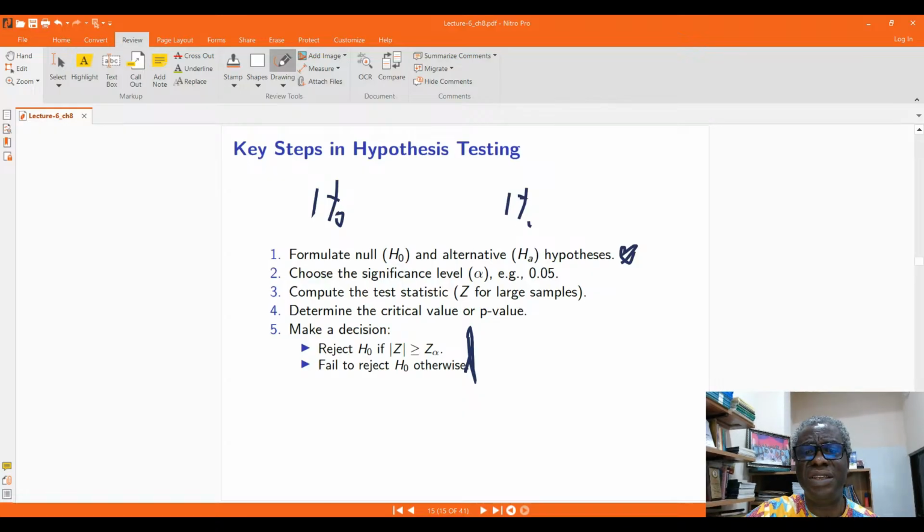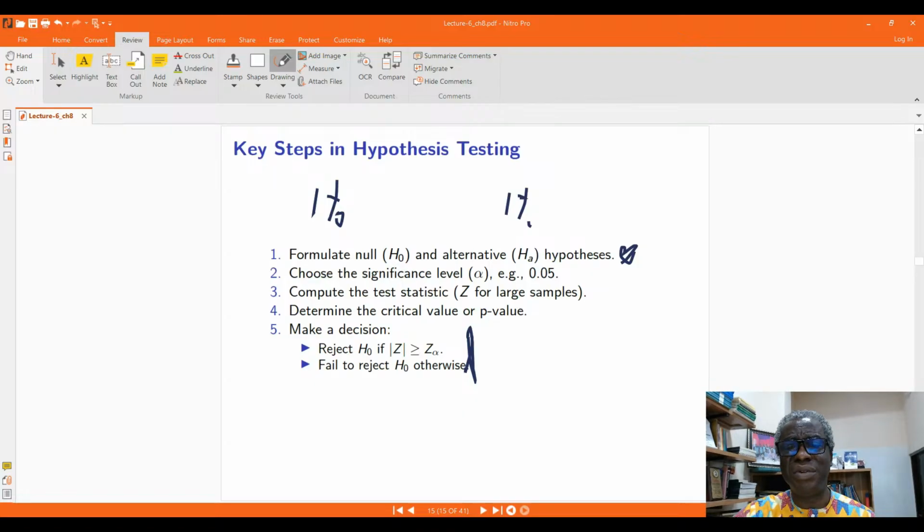If the absolute value of the computed Z is greater than or equal to the critical value, then you reject the null hypothesis. Otherwise, you do not reject.